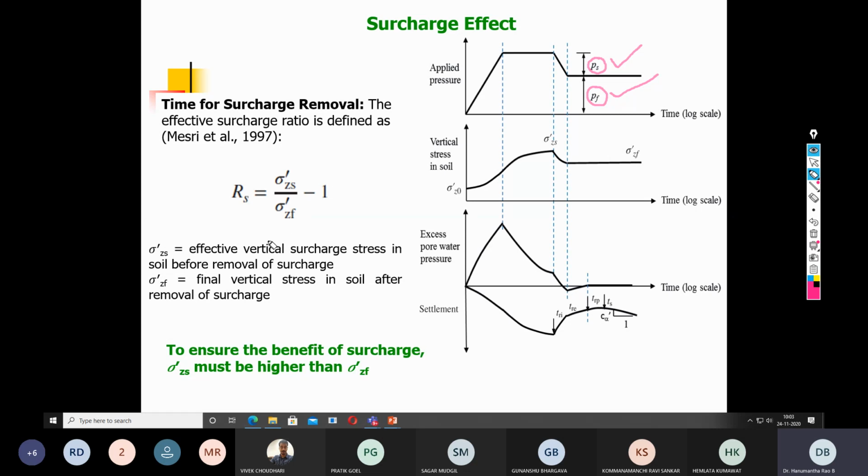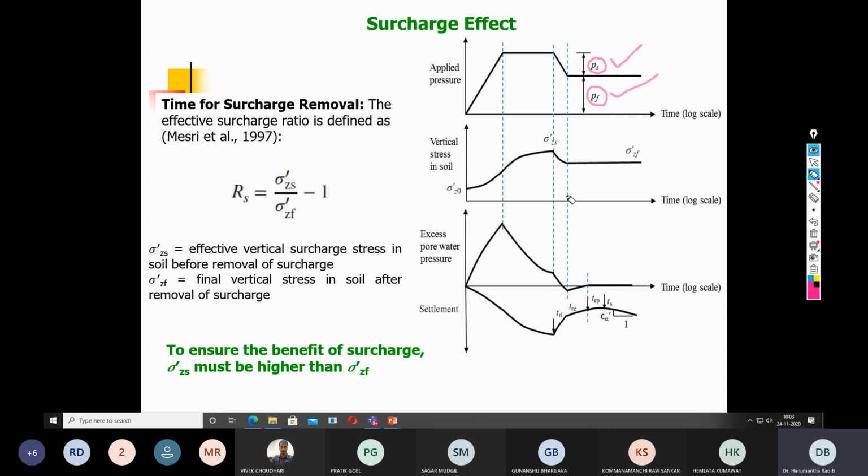Sigma dash ZS is the effective vertical stress in the soil before removal of the surcharge, and sigma dash ZF is the final vertical stress in the soil after removal of the surcharge. So the ratio between these two is defined as the effective surcharge ratio.